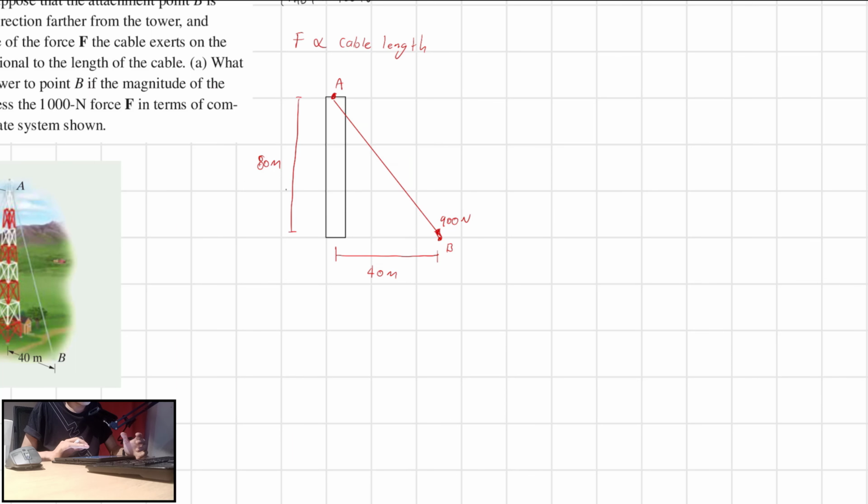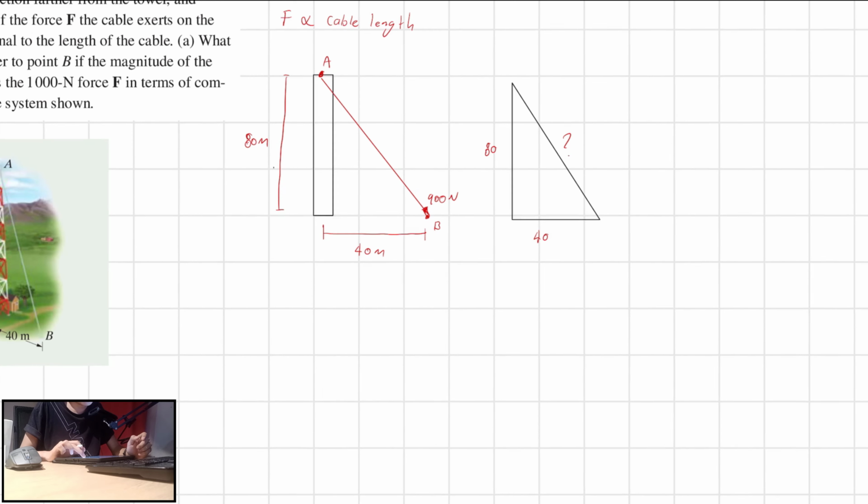The first thing that we must do is to find an equivalence between those two. As you can see, what we have right here is a right triangle. This is 40, this is 80, and this is an unknown, which is the hypotenuse.